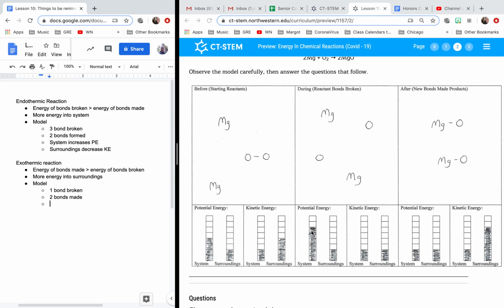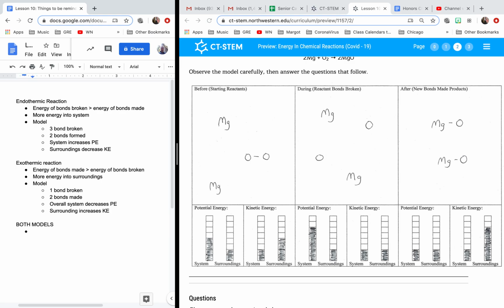And then we have energy go from potential energy of the system to kinetic energy in the surroundings. So overall, the system decreases in potential energy, and the surroundings increase in kinetic energy.